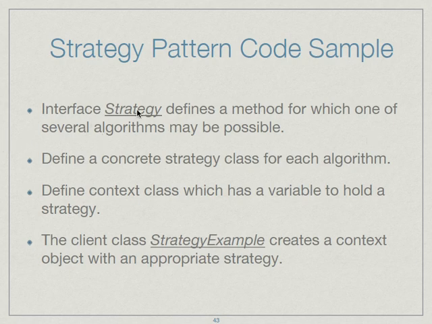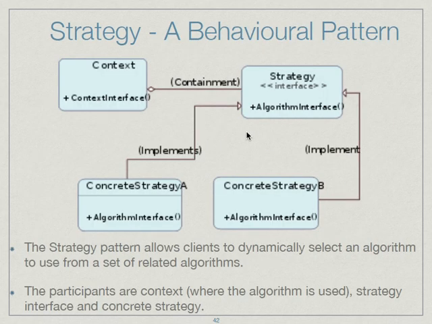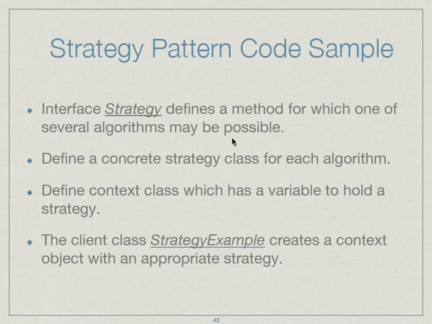Let's see what the code would look like. So the interface will have a method that all the algorithms would be used to run for the chosen algorithm, and then you define a concrete strategy class to implement the interface, and the context will have a variable to hold the strategy.